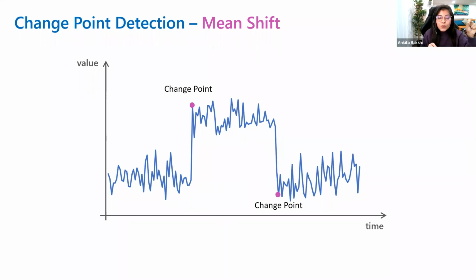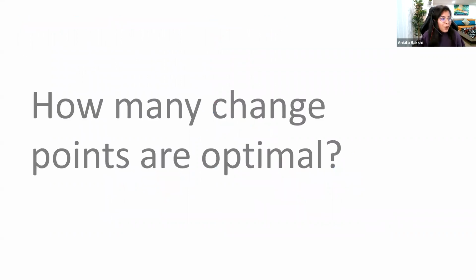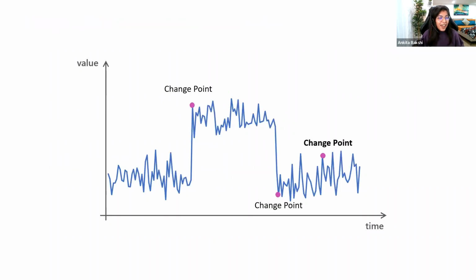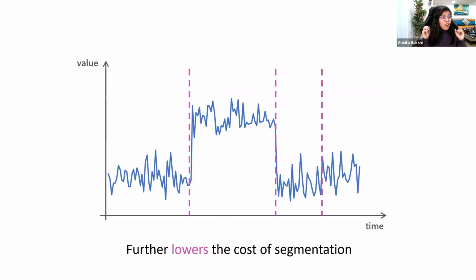These are the points where the statistical property of your time series has changed. But how many change points are optimal? Let's take the same example. If I add another change point, let's say at the end of this time series, and split it into four time segments, each of these individual time series does follow the three assumptions.